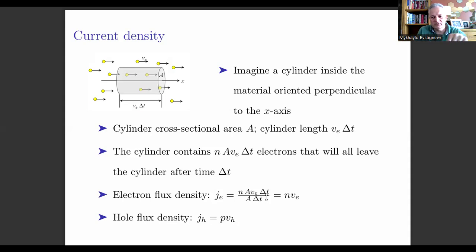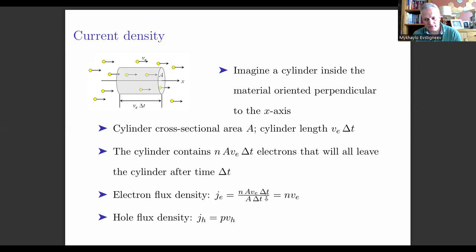So 1 over centimeter squared times second. Concentration of electrons is measured in centimeters to the -3. Velocity is measured in centimeters per second. The product is measured in centimeters to the -2, seconds to the -1. So this is the only dimensionally correct combination.